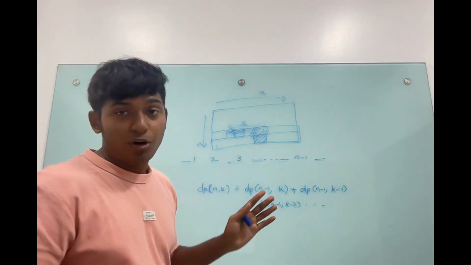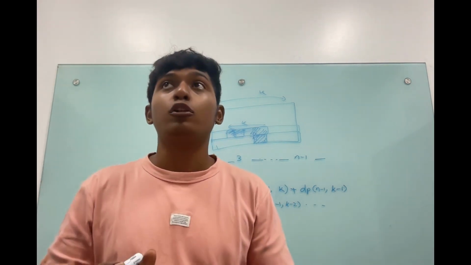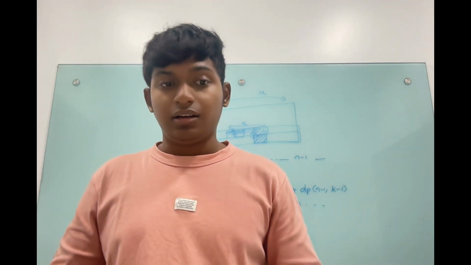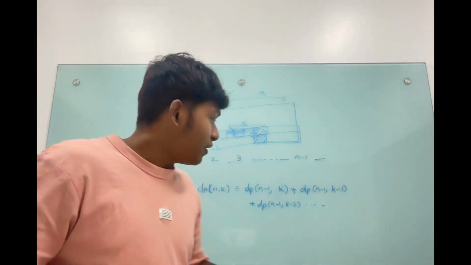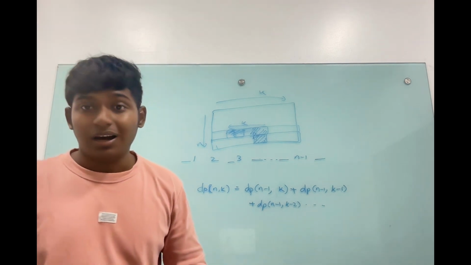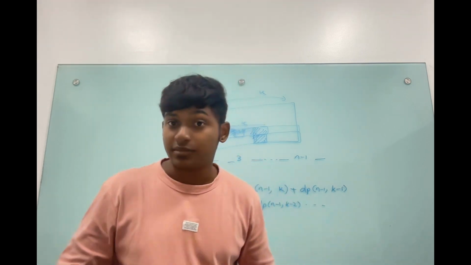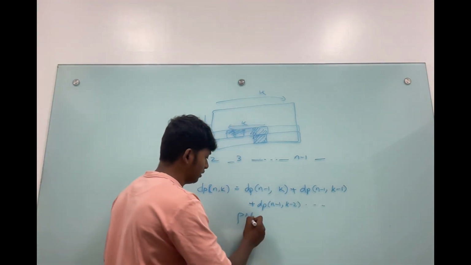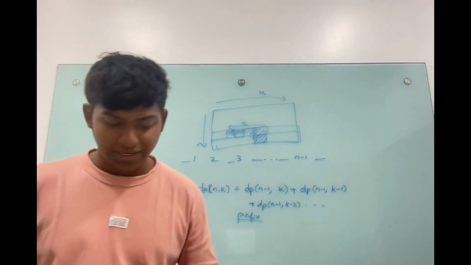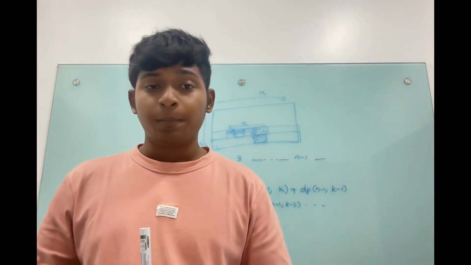So when you want to find the summation of contiguous elements in an array, and you have to keep doing it for every n comma k in the dp, you can use prefix sums. Prefix sums are a really standard technique that people generally use. I recommend you look it up if you don't already know.